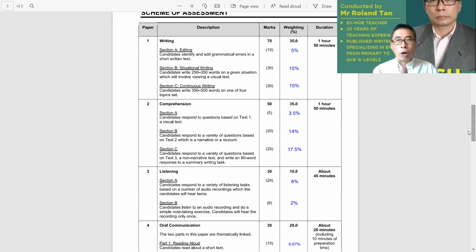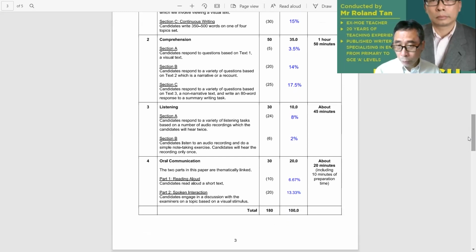In terms of the weightage and the time that you need to prepare for each of the components, you would realize that there are some strategic points that you can take note of. First, I would like to highlight oral communication, which accounts for 20%.